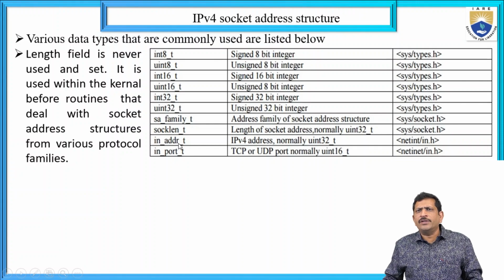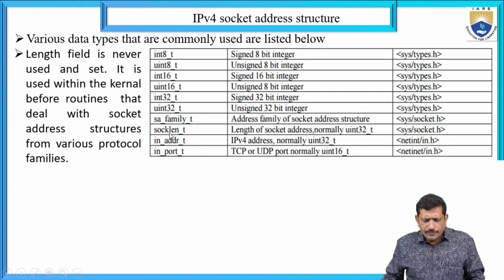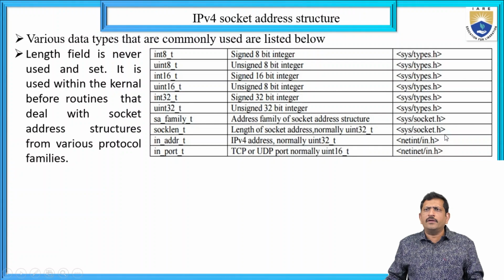Next we see socklen_t, which is the length of the socket address, normally uint32_t. For that we can use the socket.h header file. In the internet address, in_addr_t is the internet address type, the IPv4 address, normally uint32_t.